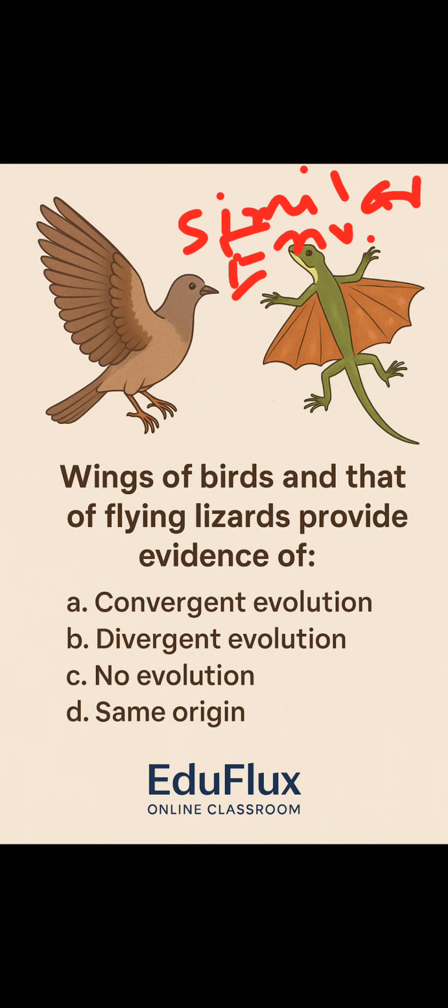Note down: different ancestors, different species, but sharing the same, similar environment, and having different anatomical origin of the traits. In birds, the wings originated from the forelimbs, modification of forelimbs, but in the other case, the lizard, the wings are the modification of the ribs along with the skin flap. So totally different.